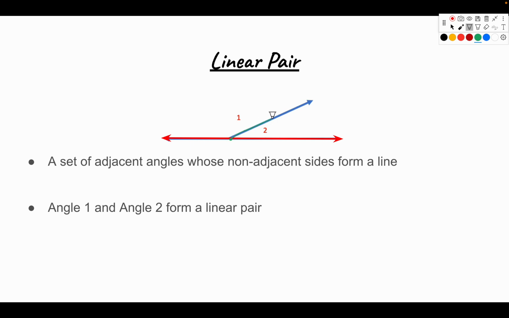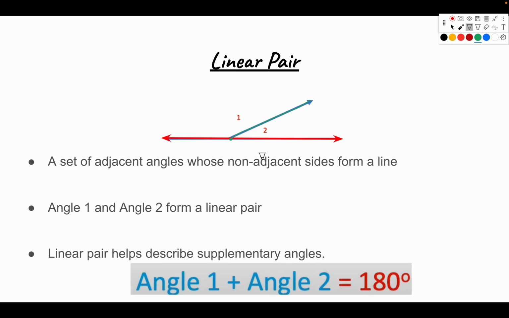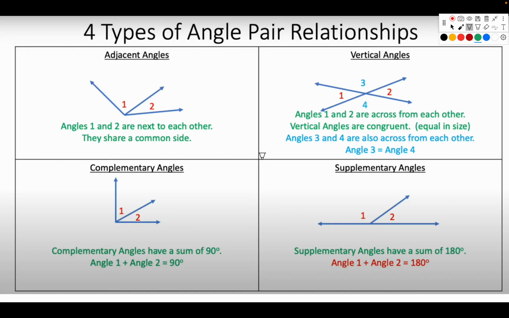This green line represents the adjacent side. So the side that they don't have in common forms a line. A linear pair is a way that helps us describe supplementary angles. So a linear pair also adds to 180 degrees. So our four types are adjacent, vertical, complementary, and supplementary angles.